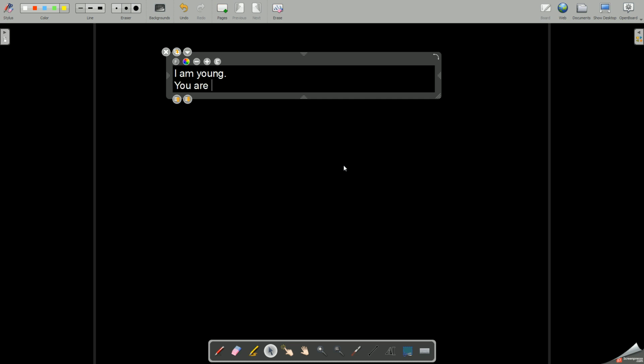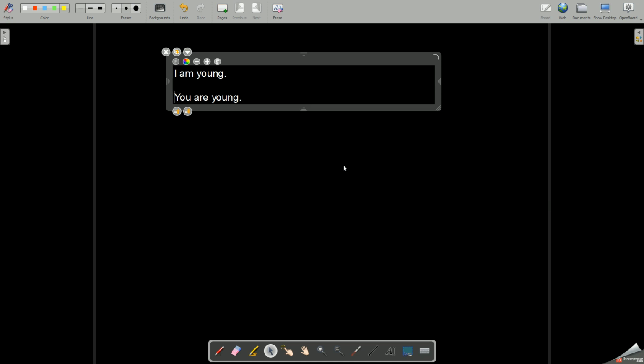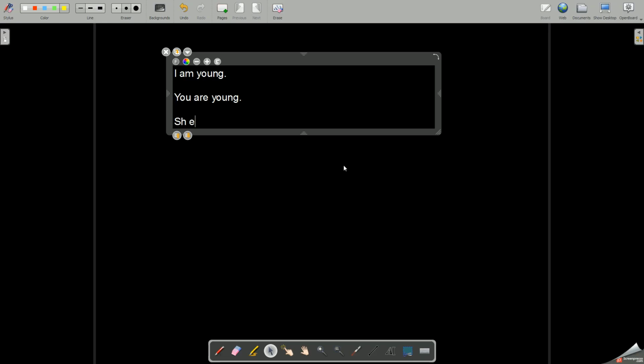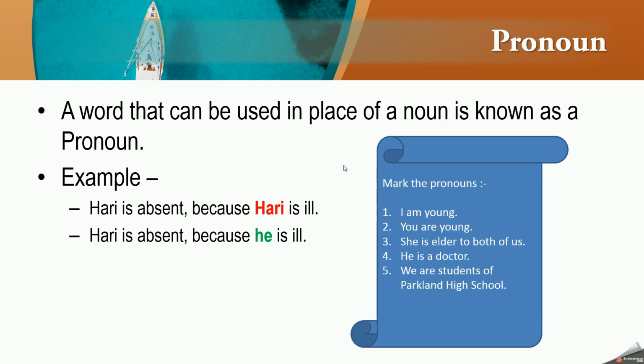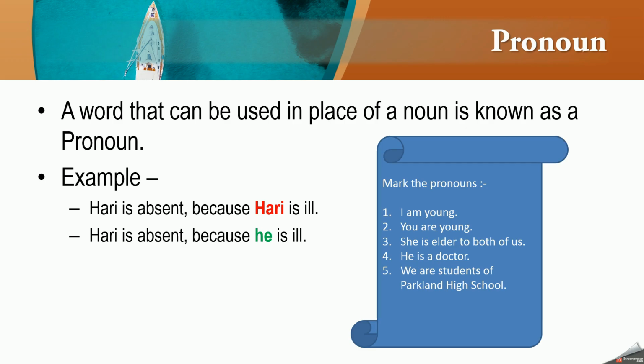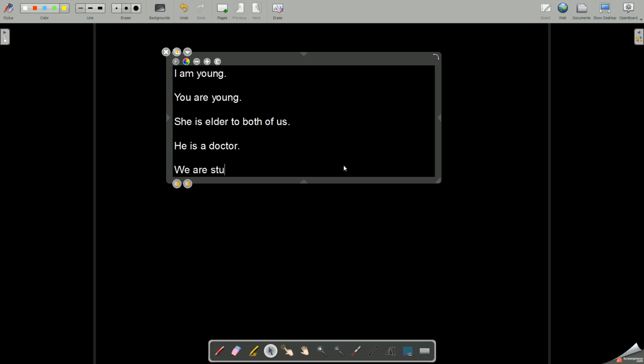You are young. She is elder to both of us. He is a doctor. We are students of Parkland High School.